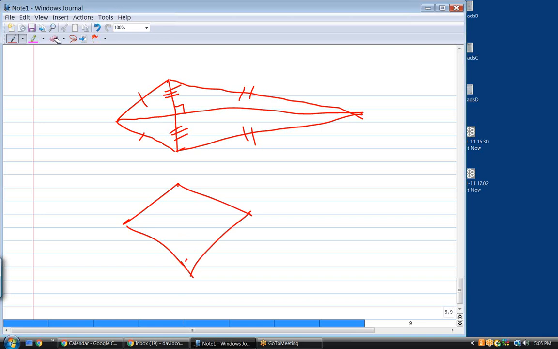Now, the other property of kites is that it has exactly one pair of opposite angles. Only one. This one and that one.